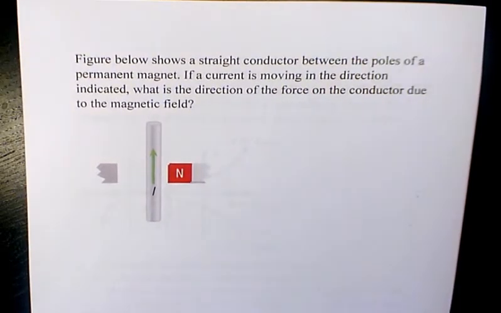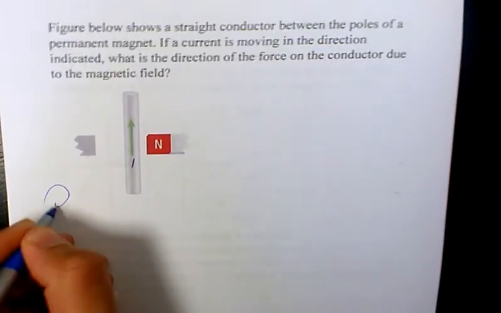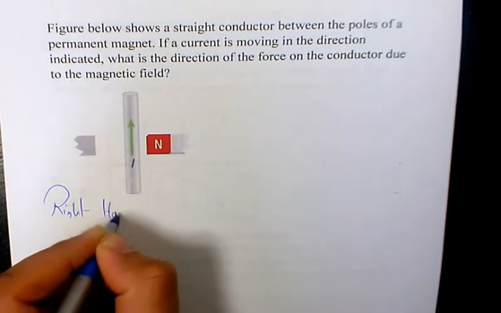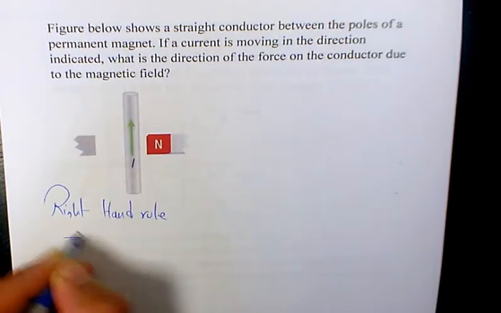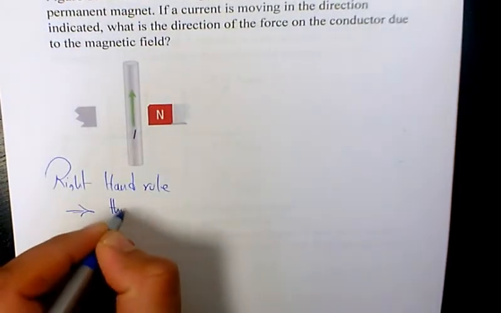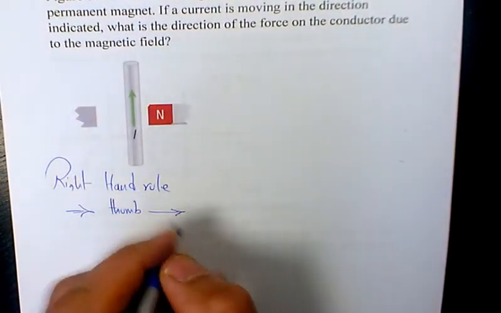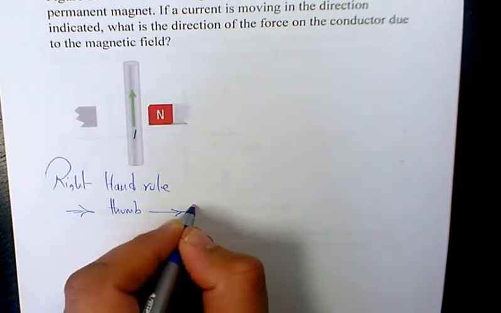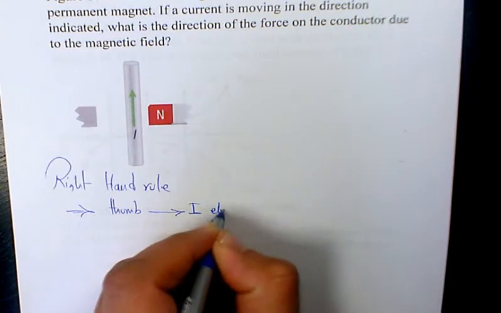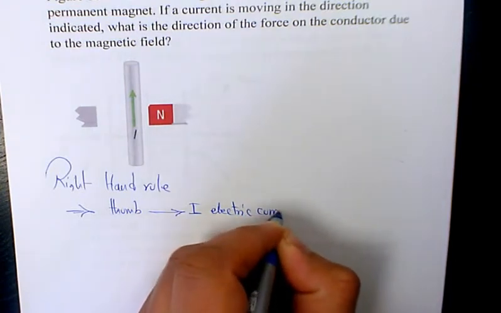Next example. The figure below shows a straight conductor between the poles of a permanent magnet. If a current is moving in the direction indicated, what is the direction of the force on the conductor due to the magnetic field? So in this kind of case, you need to use the right hand rule. In the right hand rule, the thumb is showing the I, or electric current direction.